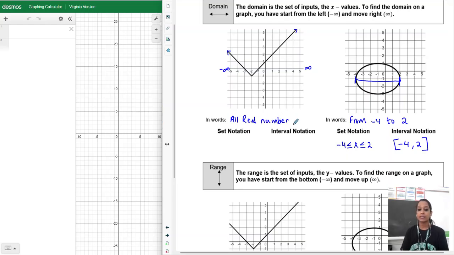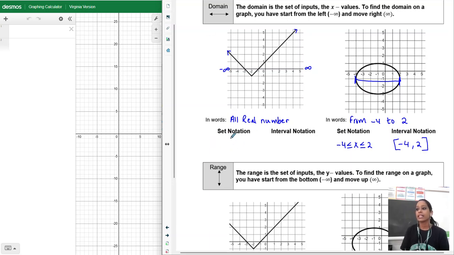You'll see this as an answer choice sometimes, and you can choose that. In set notation, it looks a little different, okay? MathSpace does it like this with inequalities, so I'll give you that part as well. Let me rewrite it again.